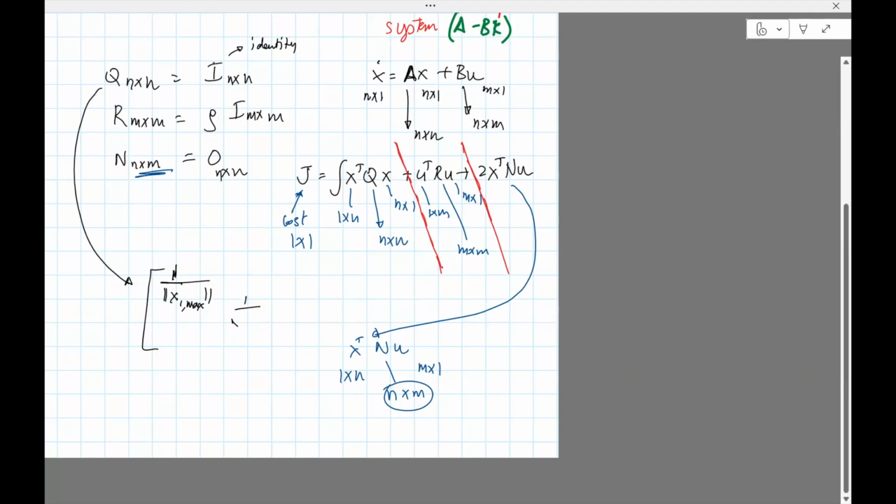So it'll be 1 over max of X1 squared, 1 over max of X2 squared, and so on, just to make it so that it is not badly scaled, so that each of those has a norm of approximately 1, so it doesn't lead to poor scaling. Improve scaling.